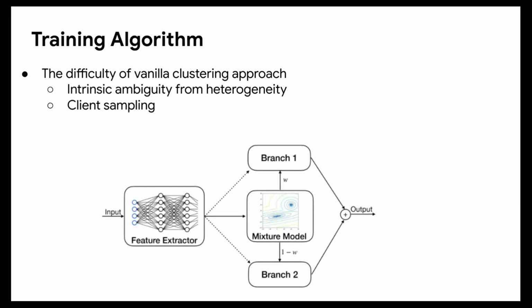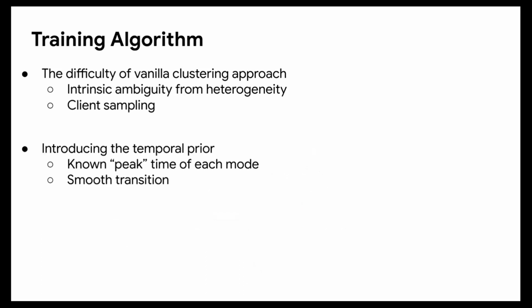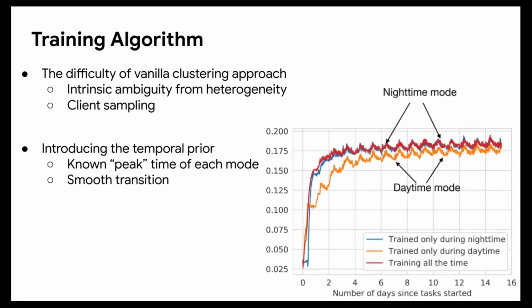Remember, in each round only a small portion of the clients from the total population will participate in training, and for different rounds it's very likely that there's a small overlap between the clients. So this is hard. How can we deal with these challenges?